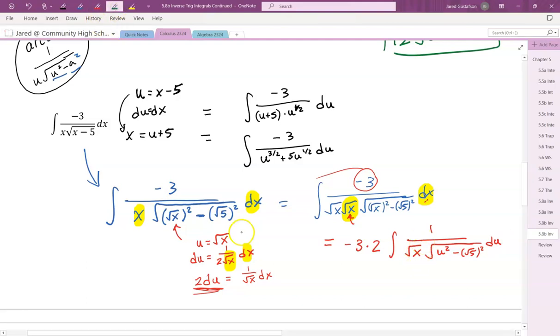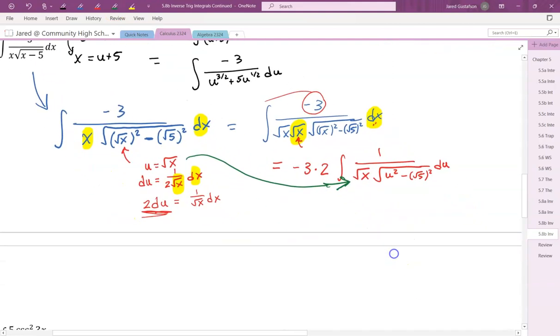Well, we're calling the square root of x u. So actually, one more rewriting, negative 6 integral 1 over u square root u squared minus root 5 squared du. That is our structure to get our answer for an arcsecant of stuff.